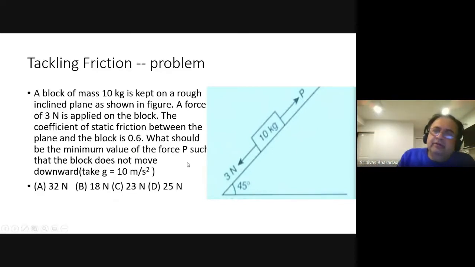So now you have mg, you have N, you have 3, you have P, and you have maximum static friction. When do you have maximum static friction? Just 0.6 times N. So now what is N?